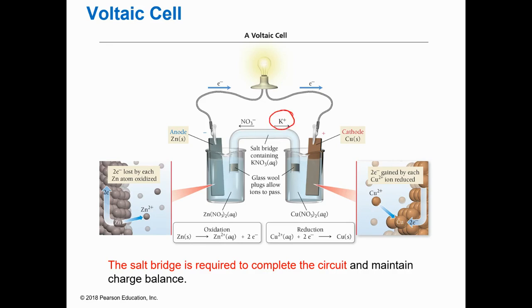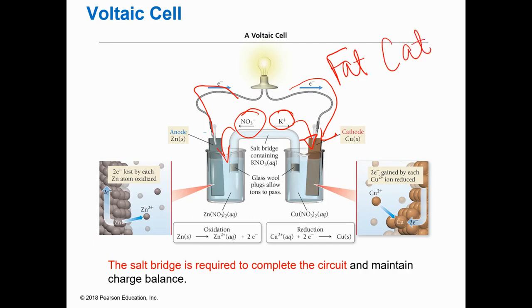So this positive cation is flowing towards where the electrons are going, and the anion is flowing to where the electrons are leaving from. And the flow of electrons is fat cat, from anode to cathode. I know it's not great, but fat cat is from anode to cathode.